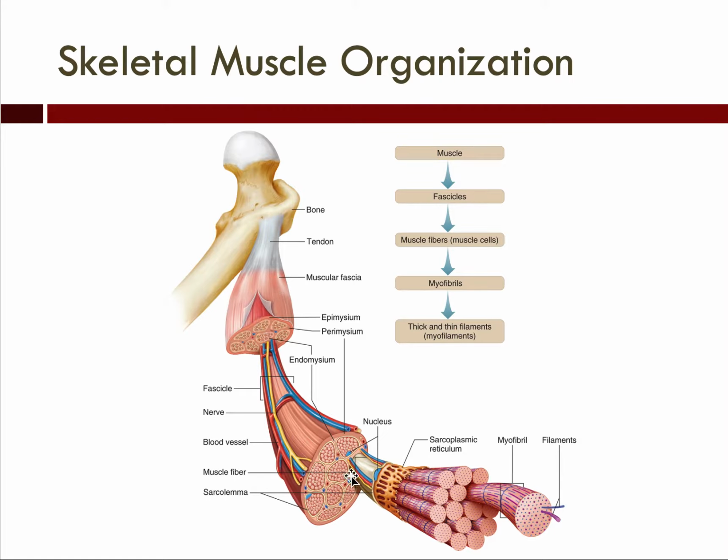Within each fascicle, you have lots of different muscle fibers, which are muscle cells. Within each muscle fiber, you then have myofibrils. Within each myofibril, you then have filaments. And there are varying levels of connective tissue along the way, but this organization is going to be very important.